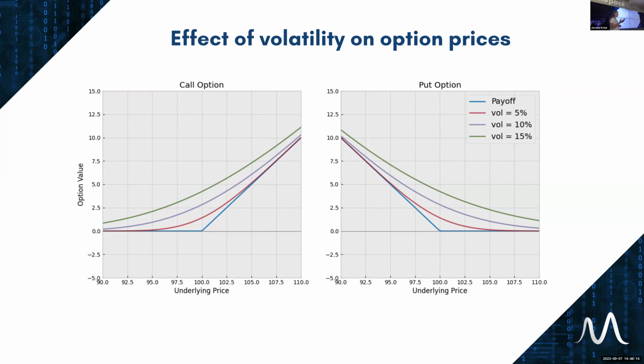So his point was that calls have unlimited upside, but puts, when you land in the money, the underlying cannot go below zero, so your payoff is capped at this amount, right? But given a distribution of the underlying, it's very unlikely to be going further than this. So just for simplicity, you could say that they have the same intrinsic value, right?